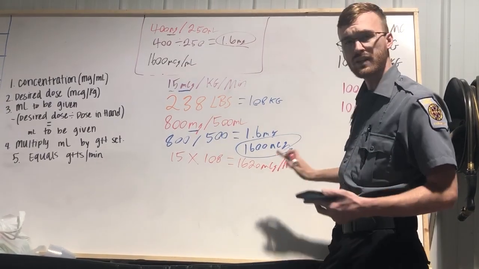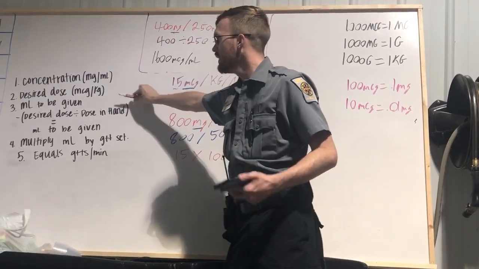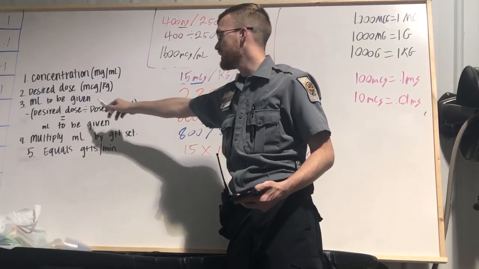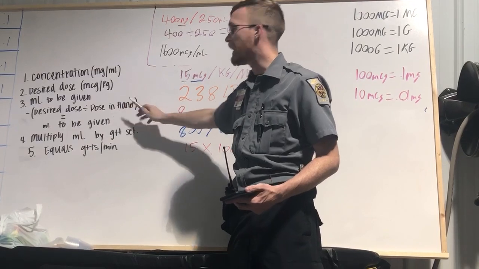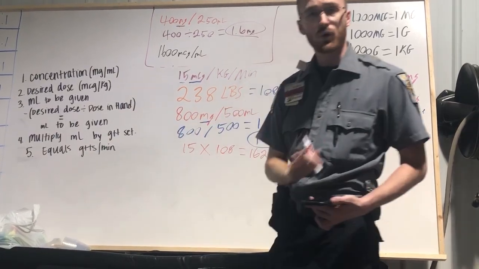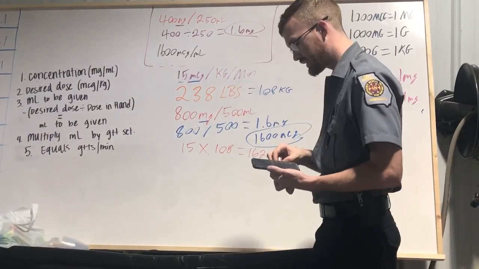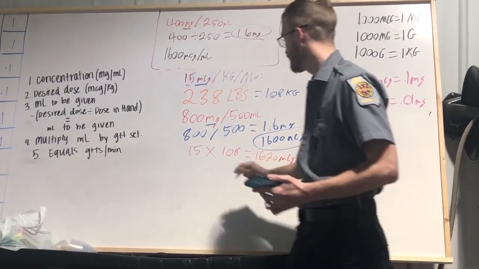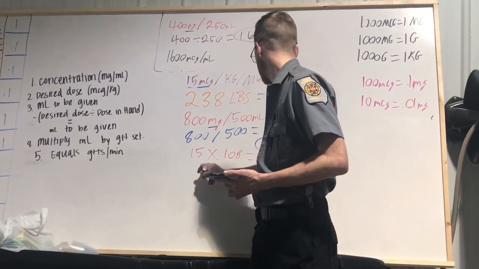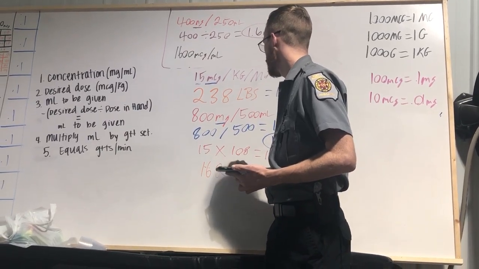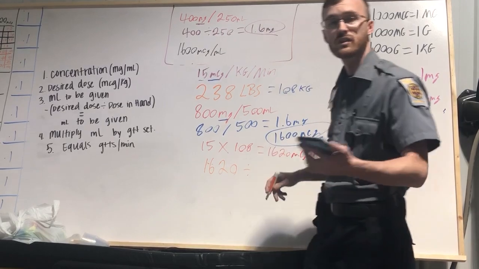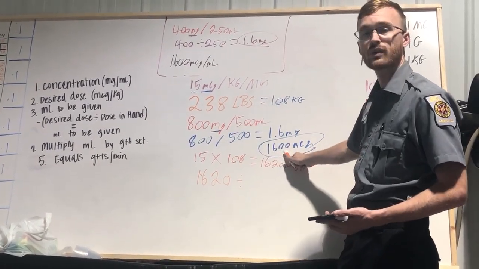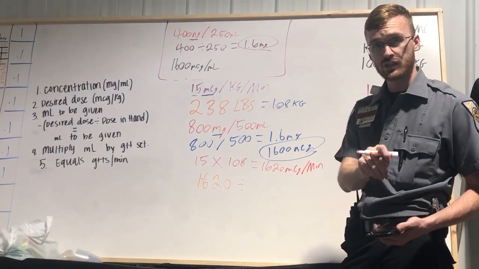So from this point, for us to be able to calculate our milliliters to be given, you have to take your desired dose and divide that by your dose in hand per milliliter. So what this means is we have to do our desired dose, in this case 1620, and we're going to divide that by our dose in hand, which is 1,600 micrograms, because that is how much I have in 1 milliliter.